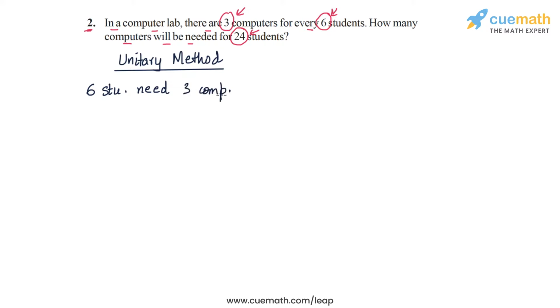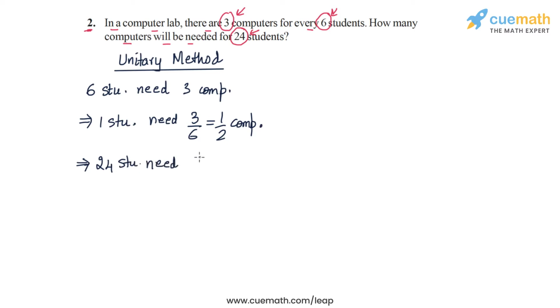This means that one student needs on an average 3 by 6 or half computers. This doesn't really make physical sense, but let's keep going forward in this application.